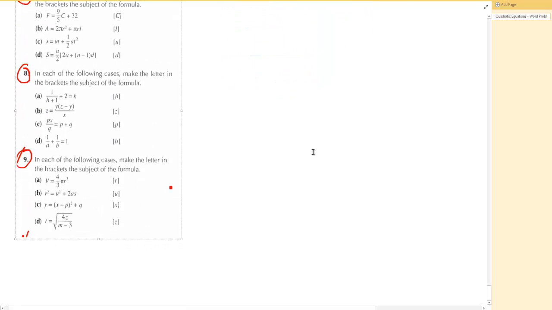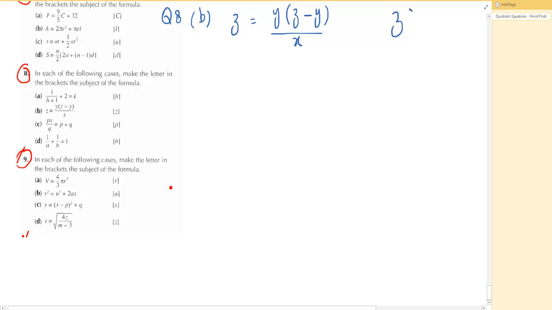Now B part. Let me do B part. Z is equal to Y. Here we make Z the subject of the formula. So what is the first step now?